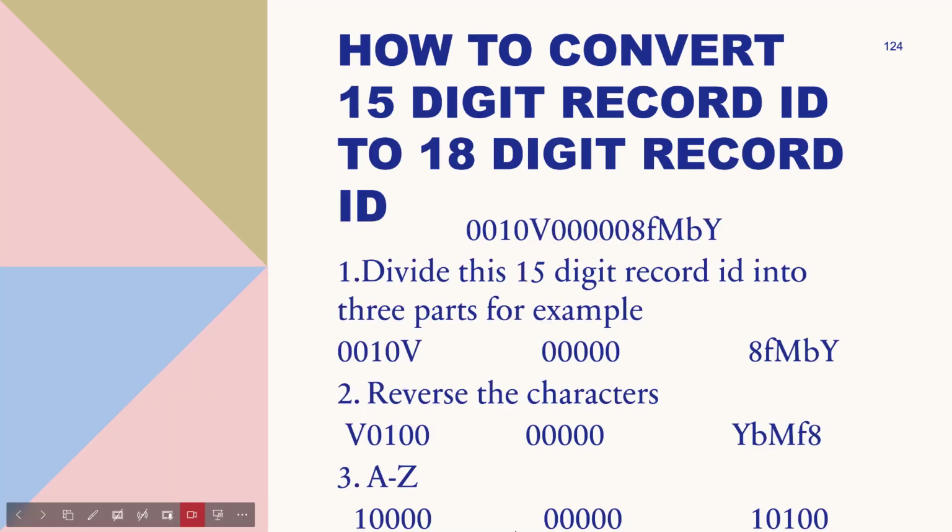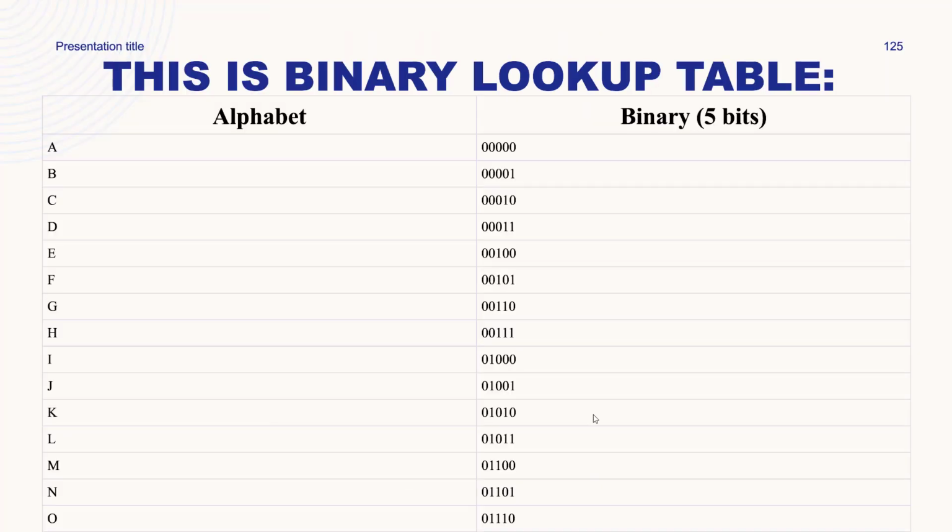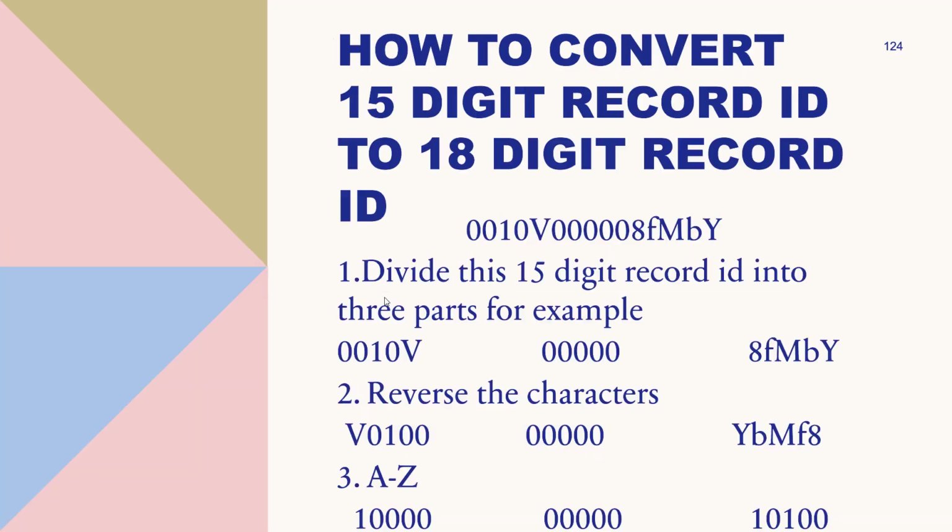Our next is 00000, and we move to the next, and here is 000, which is A, and we assign 000 to A. And then the third part is 10100.